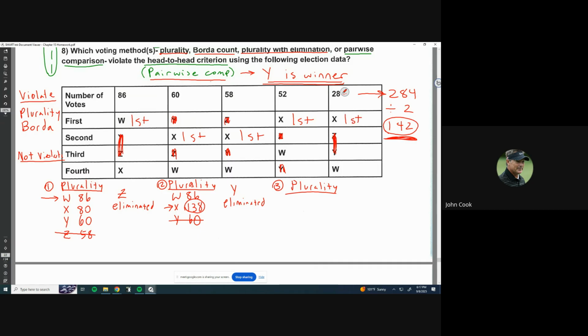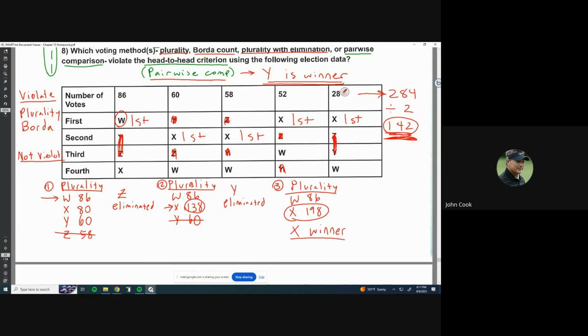All right, so let's see here. We've got just X and W now. Let's see how many first place votes W has. Looks like just, again, 86. All right, let's count up all the X's now. So that'd be 60 and 58 and 52 and 28. So that's 198. So finally, 198 surpasses the threshold of 142. So that means that X is now the winner.